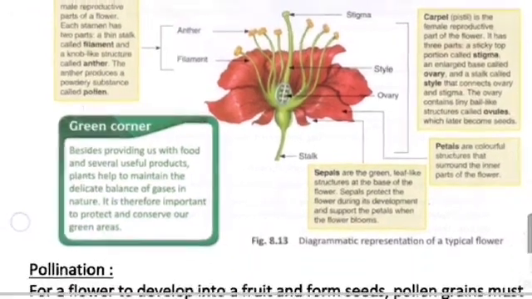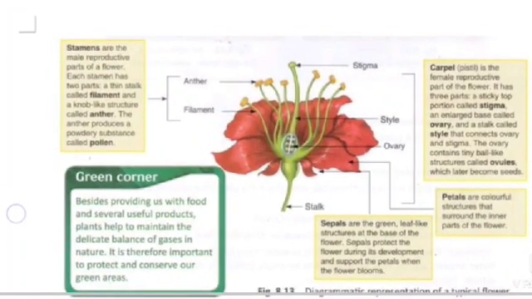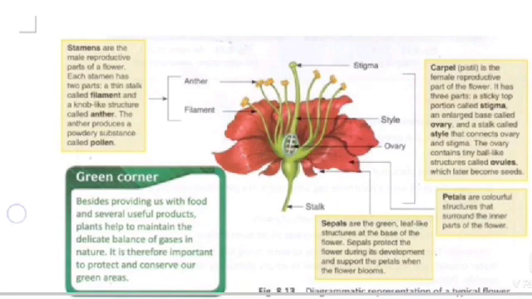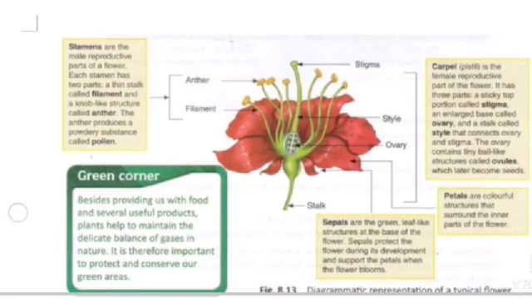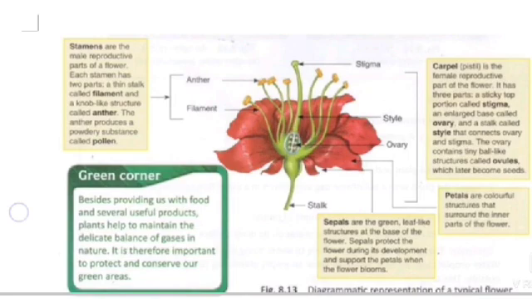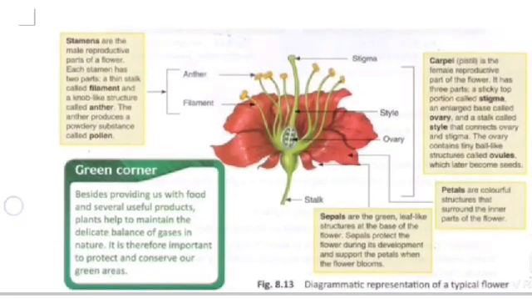The carpel or pistil is the female reproductive part of the flower. It has three parts: a sticky top portion called the stigma, an elongated base called the ovary, and a stalk called the style, which connects the ovary and stigma. The ovary contains ball-like structures called ovules, which later become seeds.